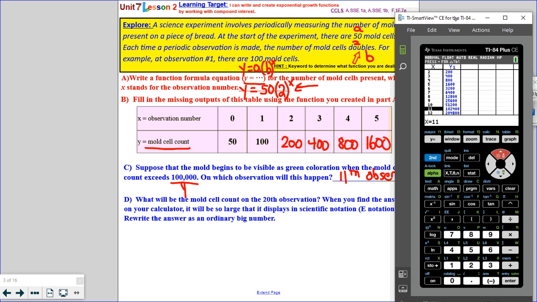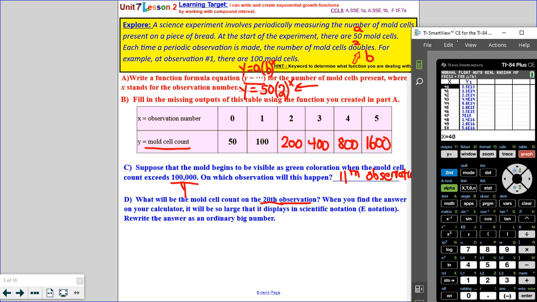Then, look, I could go to the 40th observation right now by pressing second function table set, and I could start my table at 40 and then go second function table, and then I have my mold cell count. Okay, so that's basically it. So that's the 40th.